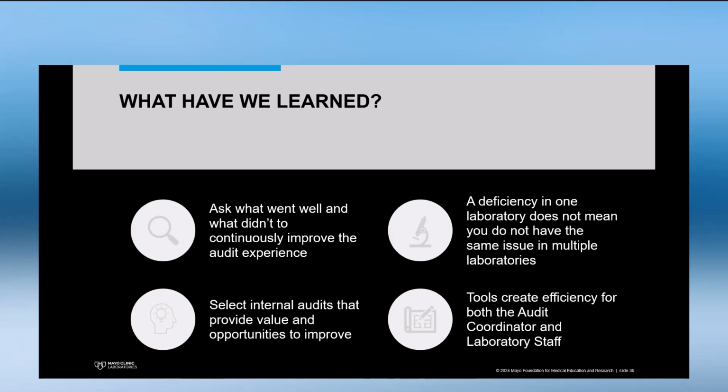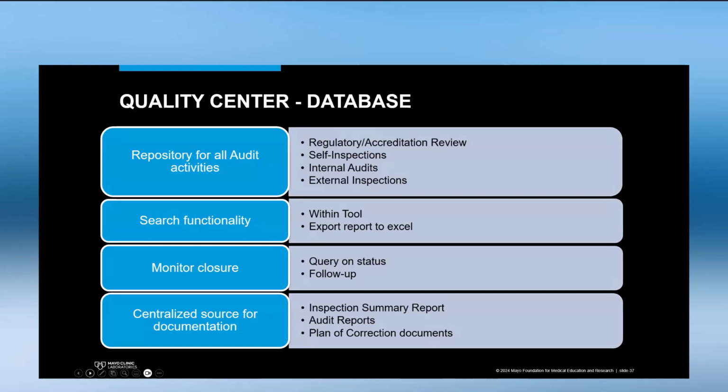And of course, tools. Tools create efficiency, not only for our lab staff, but they're very beneficial as an audit coordinator. So that's what we'll talk about next. We mentioned this internal database, and I want to talk a little bit about that. It's called Quality Center. We cannot be paper-based when we have such a large organization.